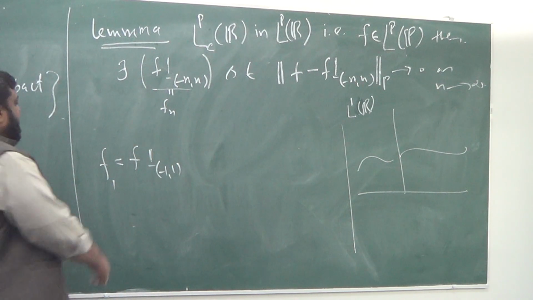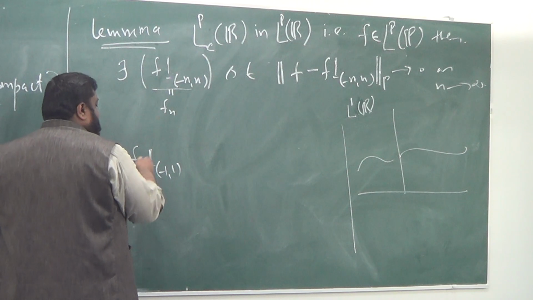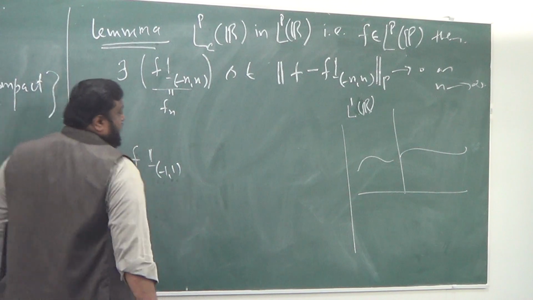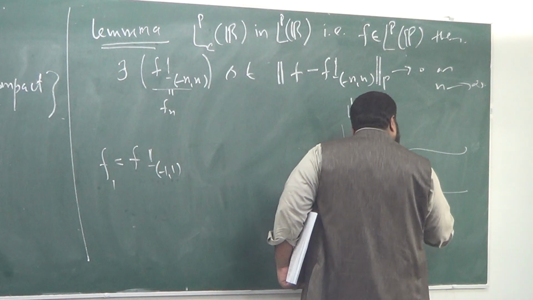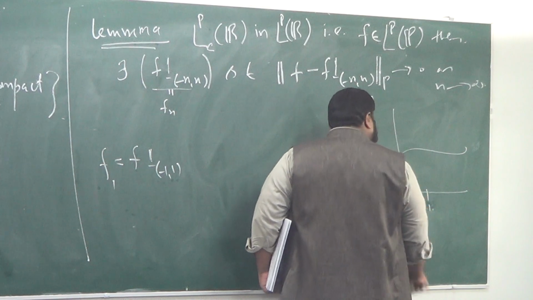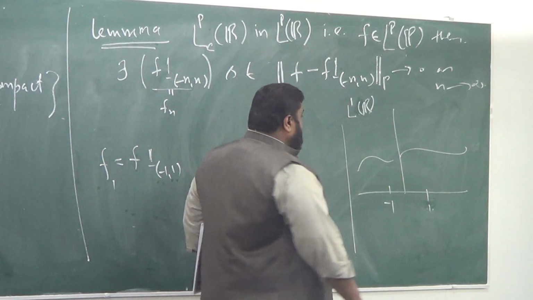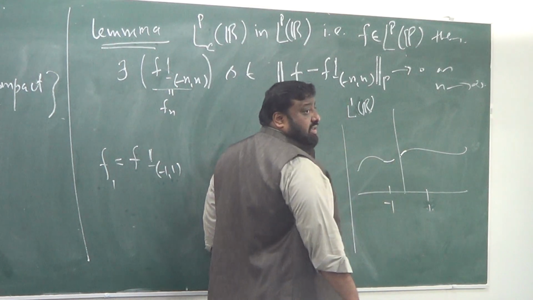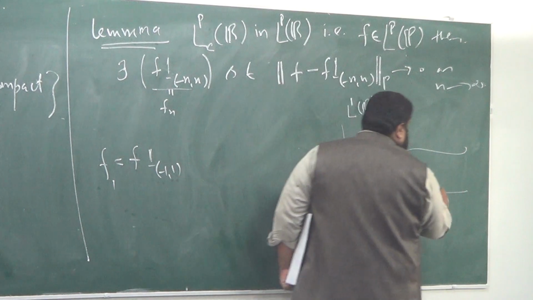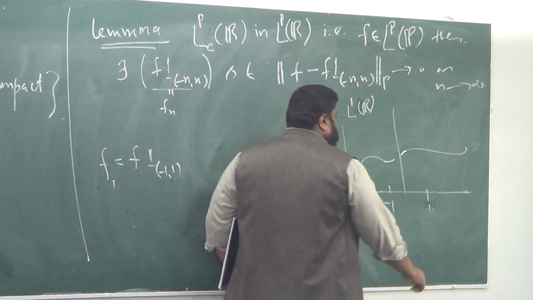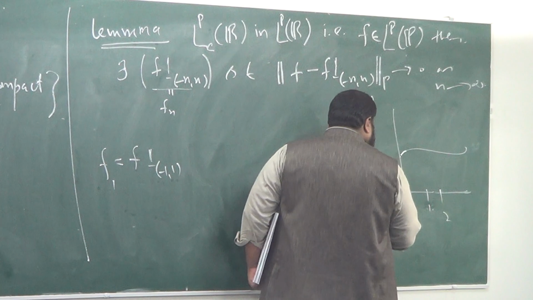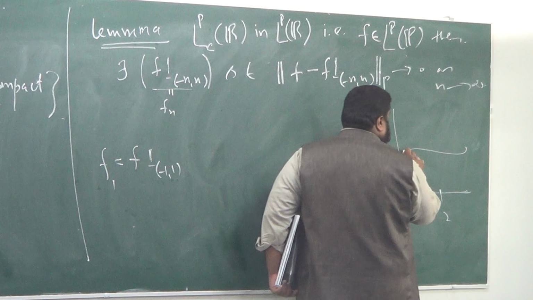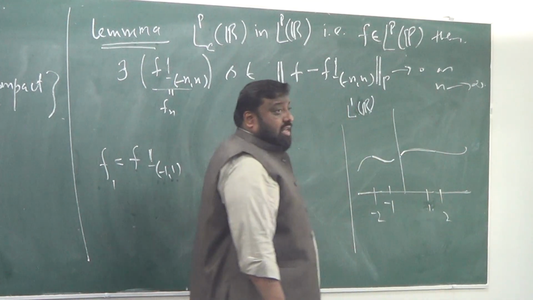In other words, F_1 is a function which is equal to f in the interval minus 1 to 1 and 0 outside. So in the interval minus 1 to 1, F_1 is equal to precisely this function, and 0 outside. Similarly, if I extend this to minus 2 to 2, I get a bit more of the function.